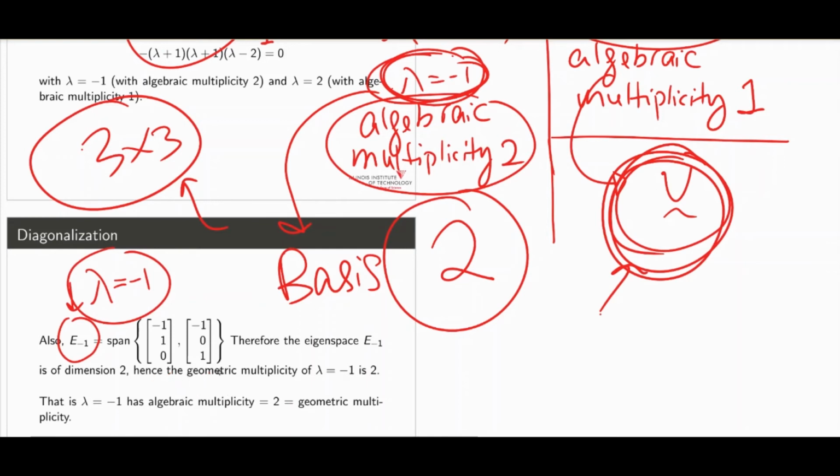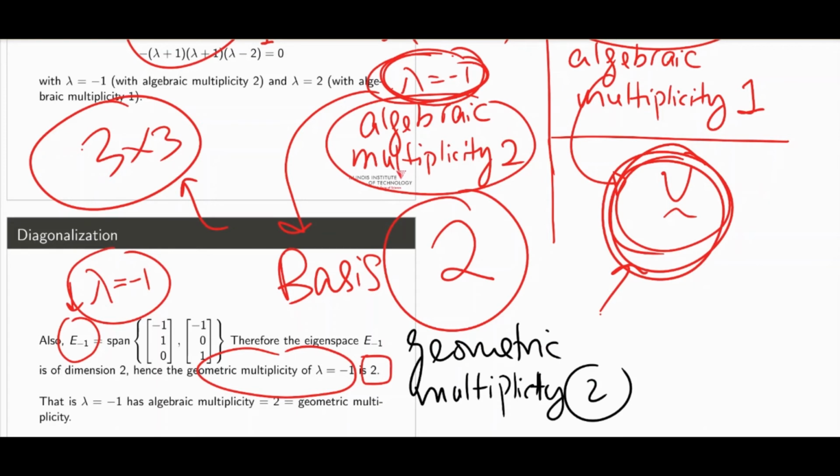So the geometric multiplicity for this eigenvalue is 2, and the algebraic multiplicity is also 2, so it matches. For lambda equals -1, the algebraic multiplicity and the geometric multiplicity are the same.